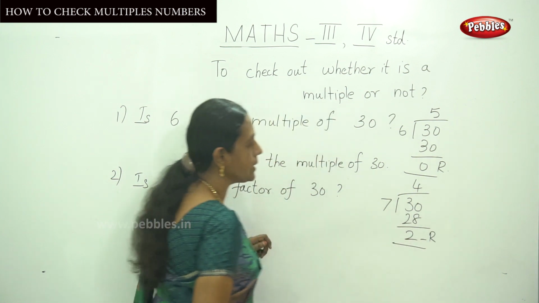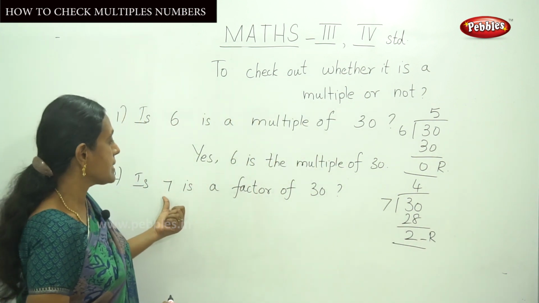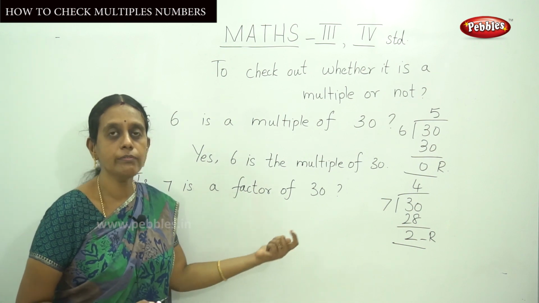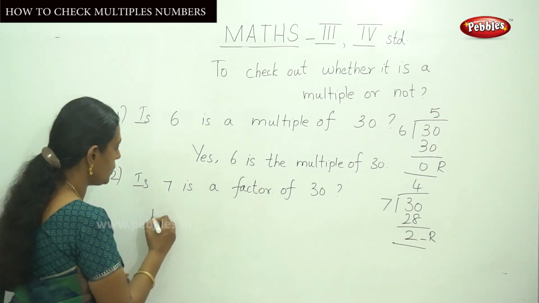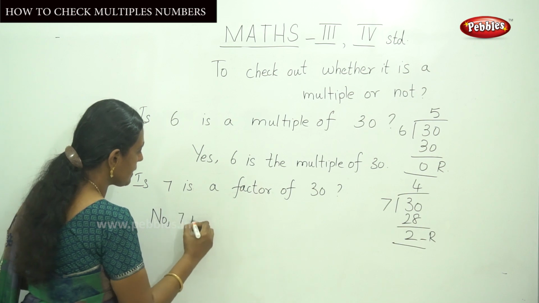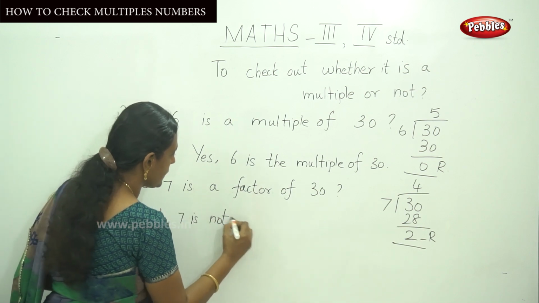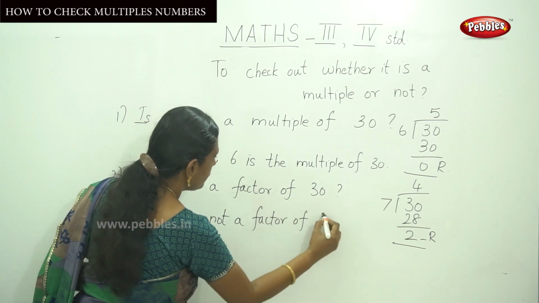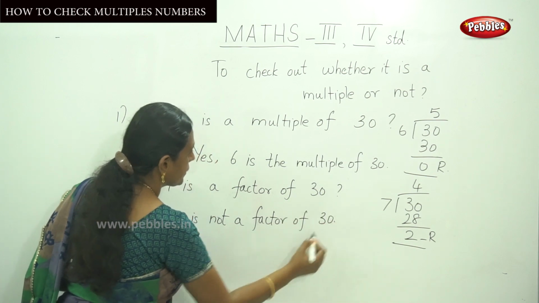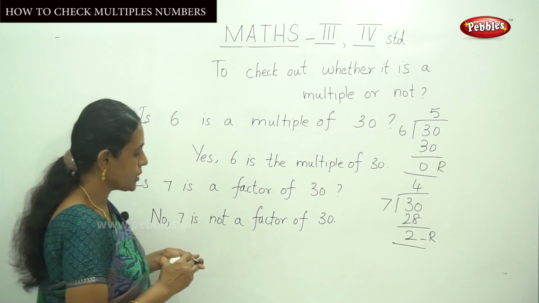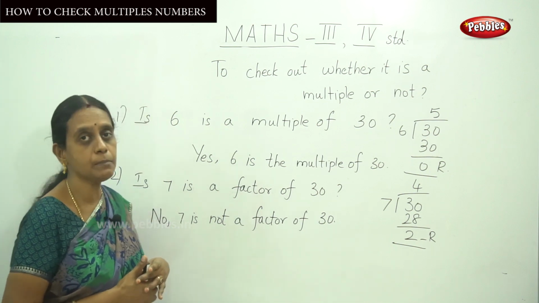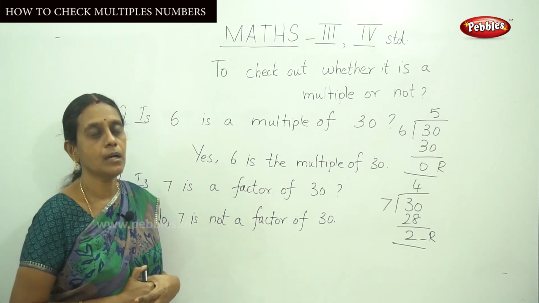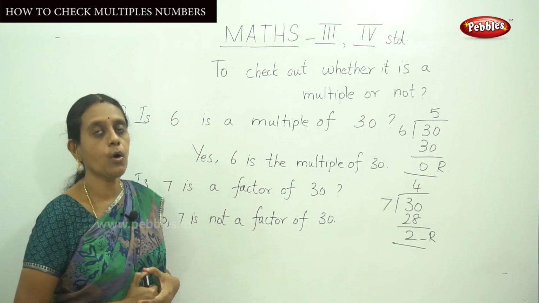Okay, so the remainder is 2, so 7 is not a factor of 30. So no, 7 is not a factor of 30.